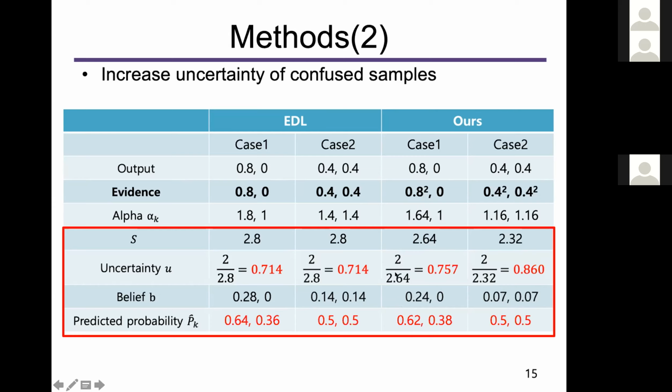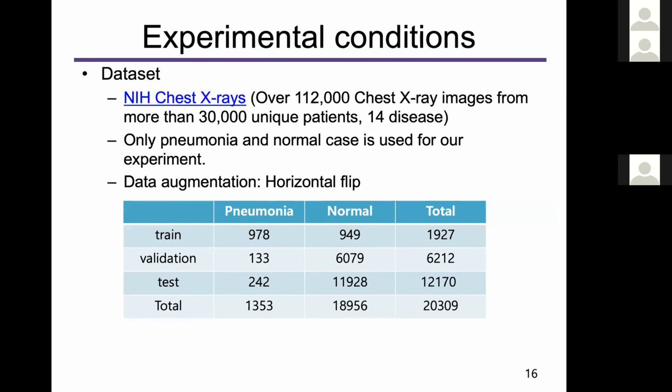But in uncertainty, we will report higher uncertainty in case 2 because in this case, the model has no idea if this sample belongs to class 1 or class 2, which is uncertain. So this is our proposed method. And next, I'll move to the experimental result.